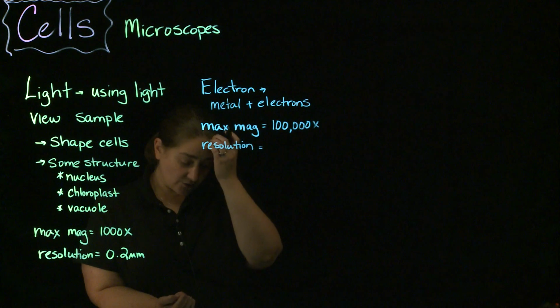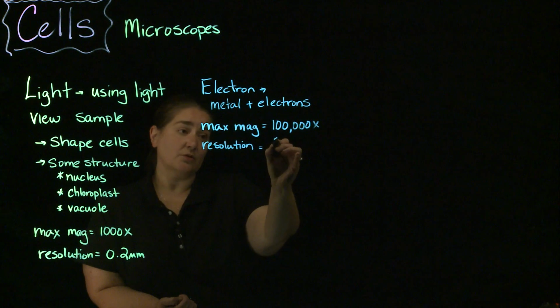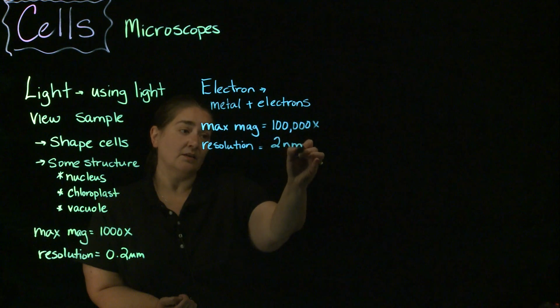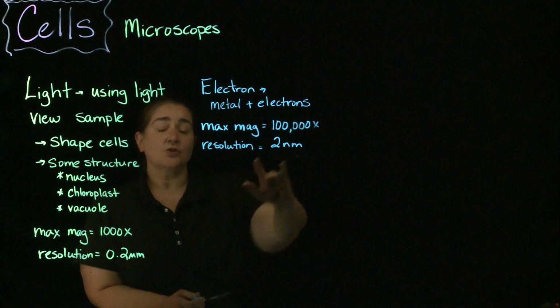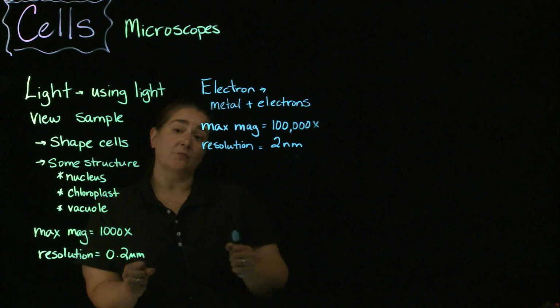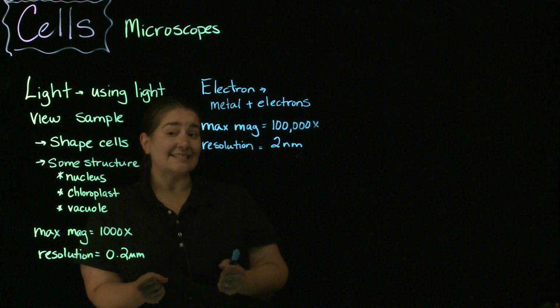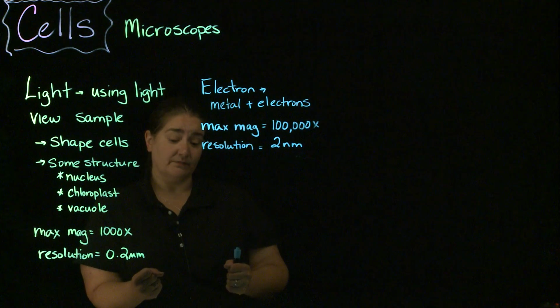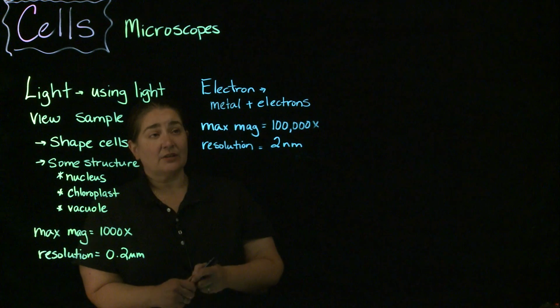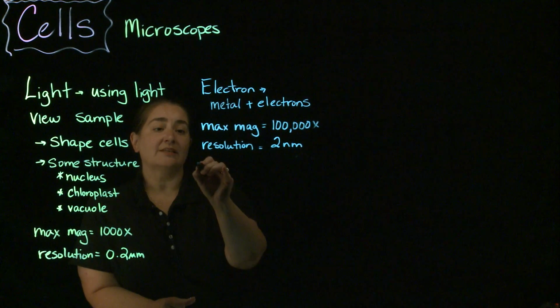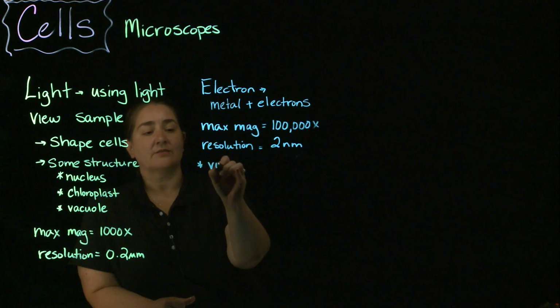Okay? The resolution for most electron microscopes is 2 nanometers. Okay? So things that are 2 nanometers apart, you're going to be able to distinguish as 2 distinct points.